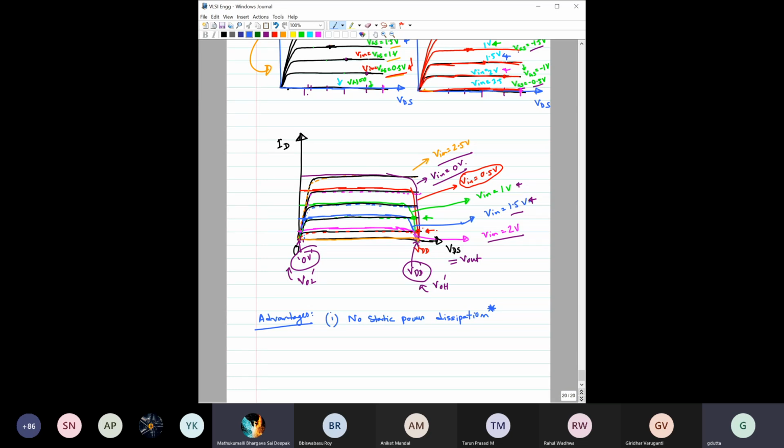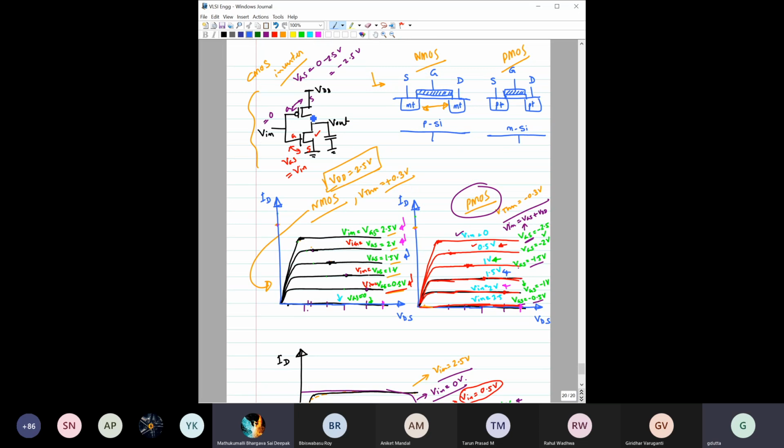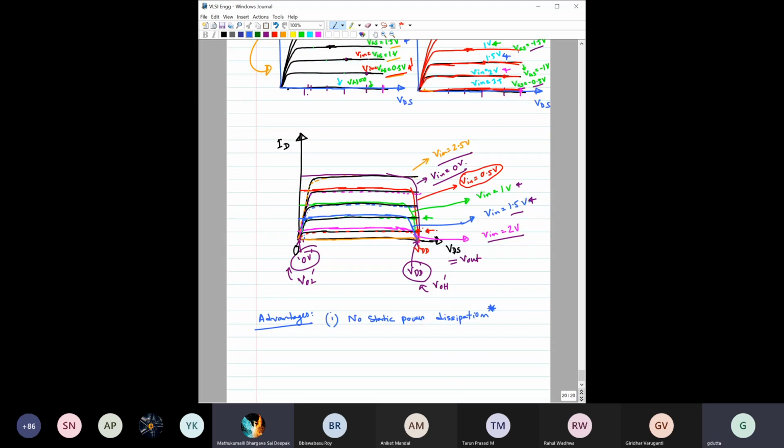We say the transistor leakage current is 0 for ideal transistors, but that is not actually the case. Practical transistors do have leakage current. So considering that, if you keep the input at 1 or 0, there will be a very small amount of power dissipation even when you are not switching. So that gives rise to some static power dissipation, but it is not due to a direct path between VDD and ground. Okay, so no static power dissipation, number one.